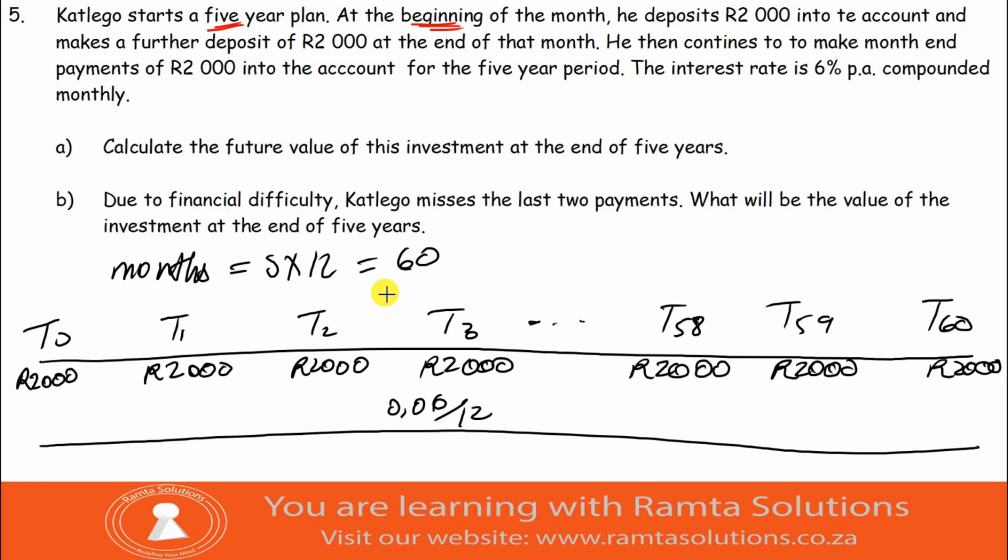The first question says we need to calculate the future value of his investment at the end of 5 years. It seems like the same question as the previous one.